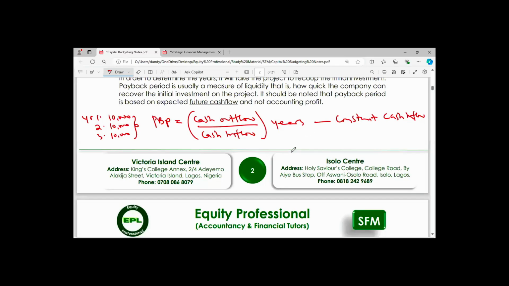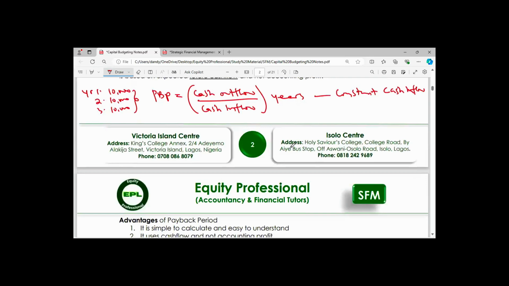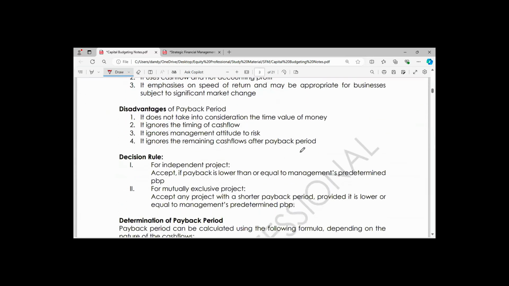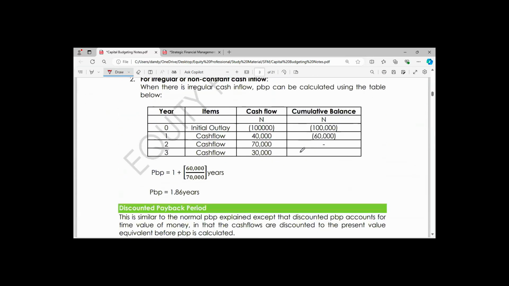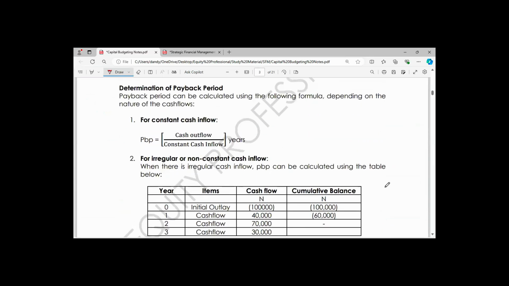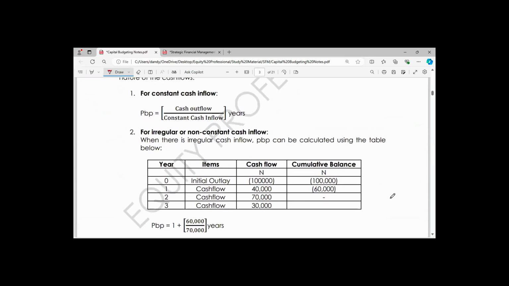Now, the other method, which is non-constant or irregular cash inflow: where you have irregular cash inflow, you are supposed to use the tabular method.